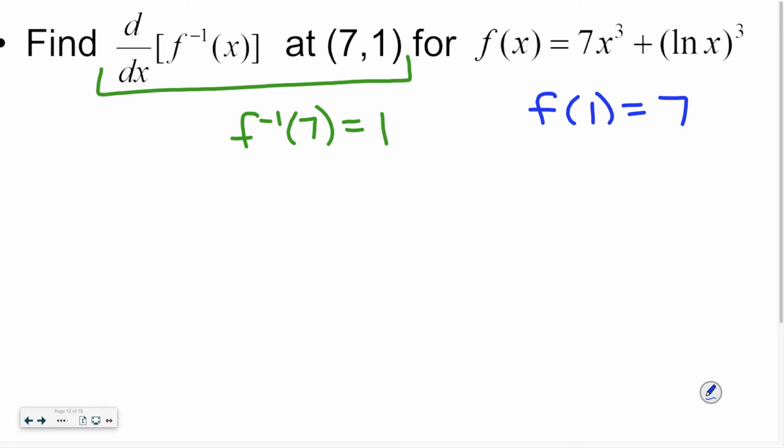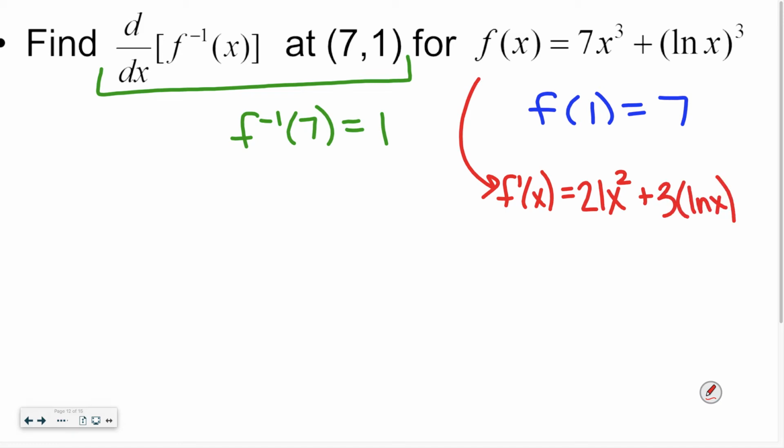Okay. Let's do this real quick. Our derivative. Ethan, what's our derivative? 21x squared plus 3 times quantity natural log of x squared times 1 over x. Beautiful chain rule.